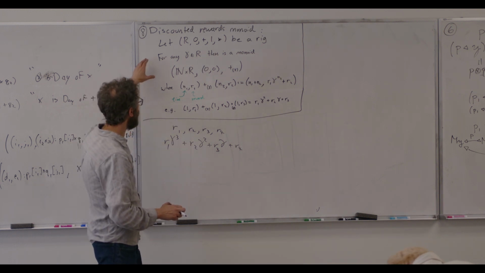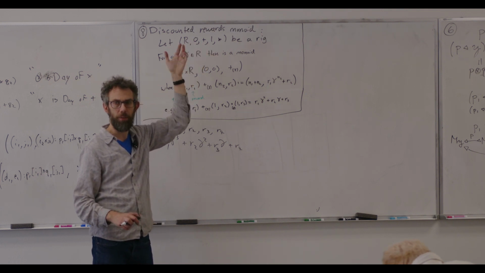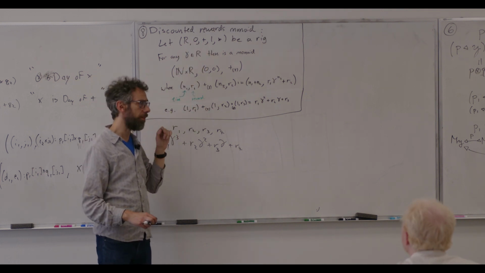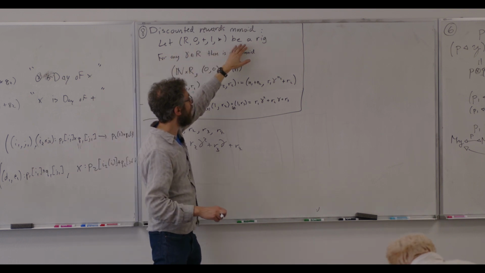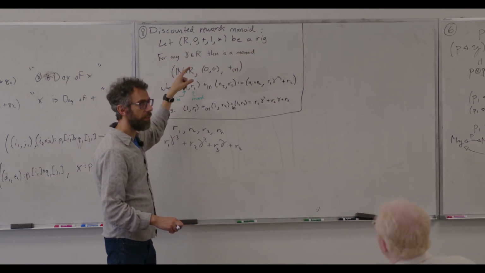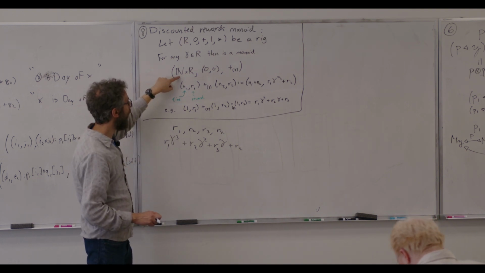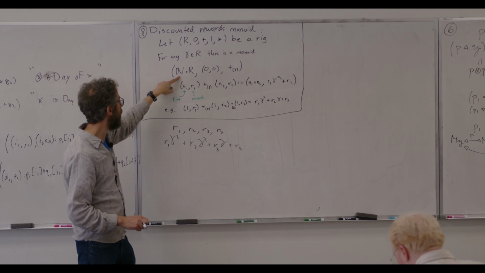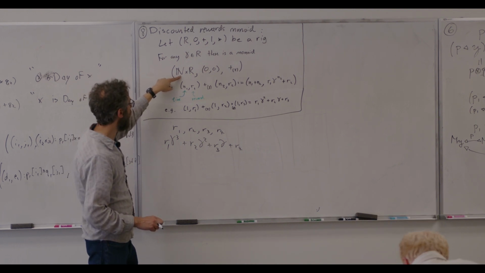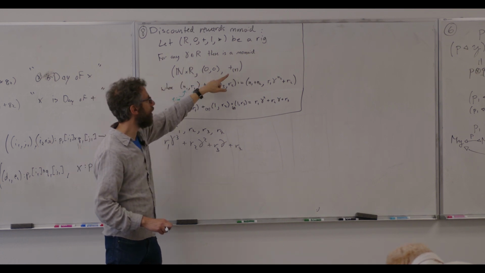The way it works is if you have any rig, which means a ring without needing negatives, so natural numbers or non-negative reals, some people call it a semi-ring, and you pick a gamma in it, that's your discount factor, then there's a new monoid where you keep track of how long you have something for, and then a number, and you add using this plus.